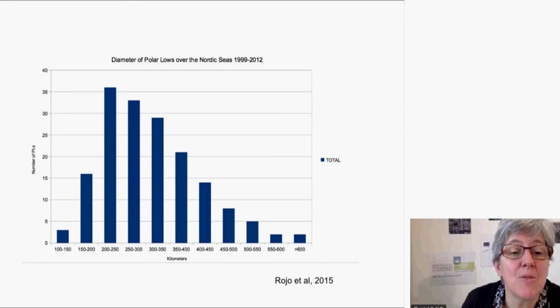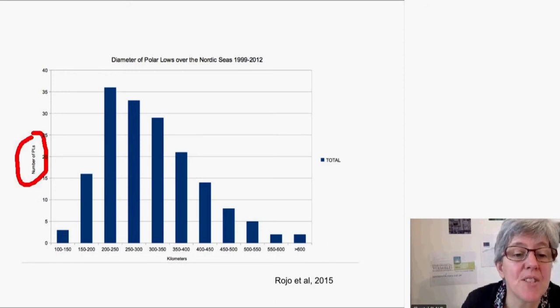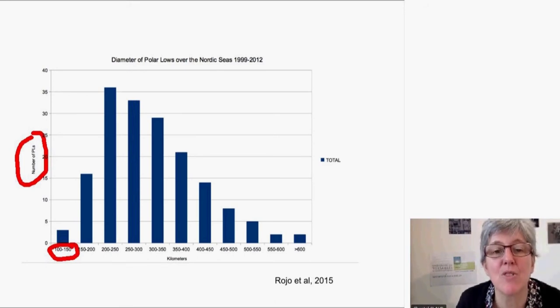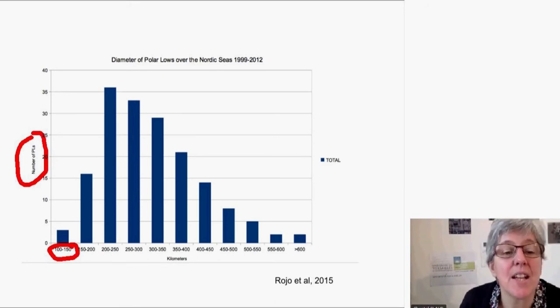So here you have the number of polar lows which have a given size. So, for example, if you take the size between 100 and 150 kilometers, you see that you have 3 polar lows over the whole period going from 1999 to 2012 that have such a size.